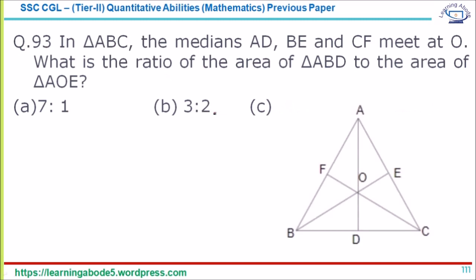Since these are all medians, they meet at O, so you have 1, 1, 1, 1 and 1. Now what is triangle ABD? ABD is like 1, 1, 1, you have 3. The area is 3, and here AOE, that's 1. So the answer is 3:1.